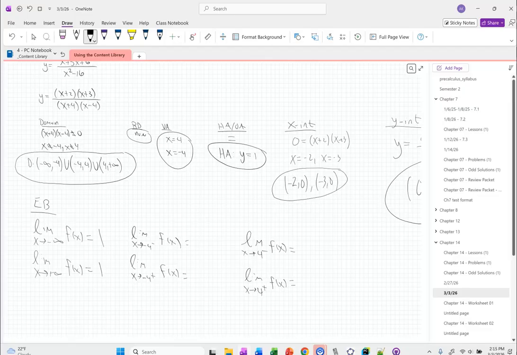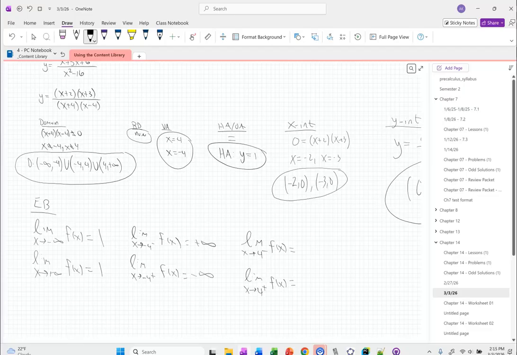Let's look at approaching -4. If we're going from the left, a value less than -4 would be like -4.1, right? If I plug -4.1 in here, I get negative times negative over negative times negative, which is all positives. So positive infinity. If I plug in a value to the right that's bigger than -4, say -3.9, positive, negative, negative, negative, which is a negative.